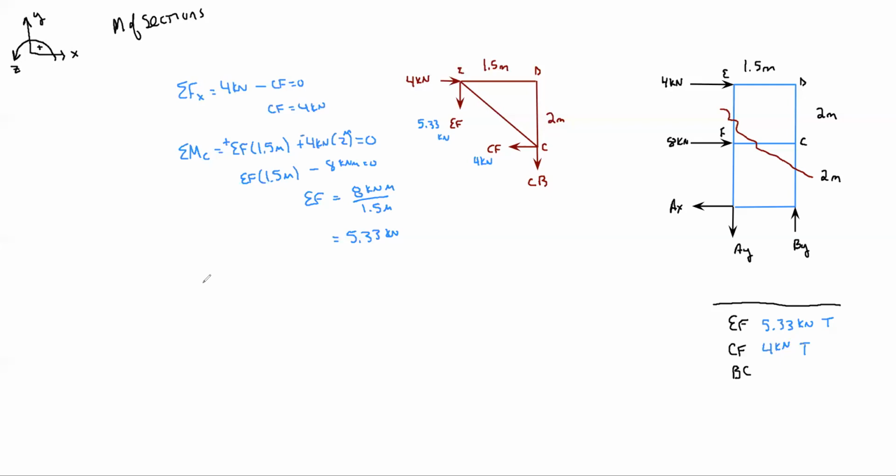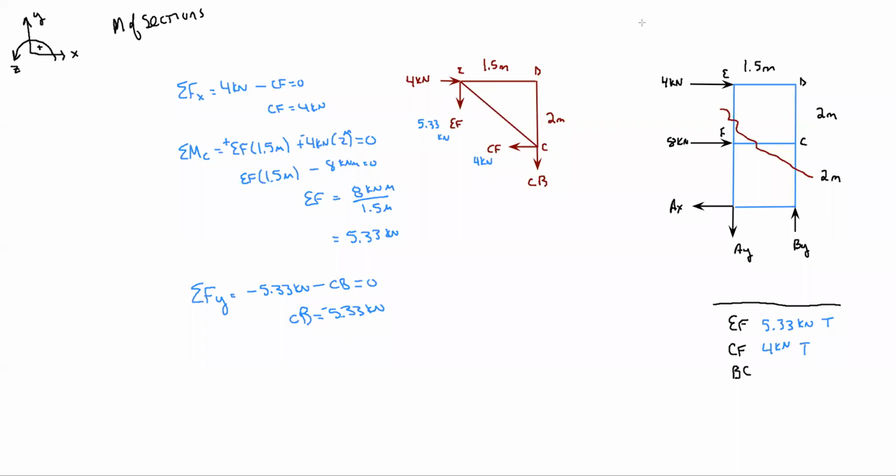That now allows us to go ahead and grab the summation of forces in the y direction. So I've got EF, which is downward, negative 5.3 kilonewtons, minus CB, which I had indicated as downward. I'm seeing this is going to be a problem. Not really a problem, but so we get CB is equal to negative 5.33 kilonewtons. The negative, again, doesn't indicate that the force is negative.